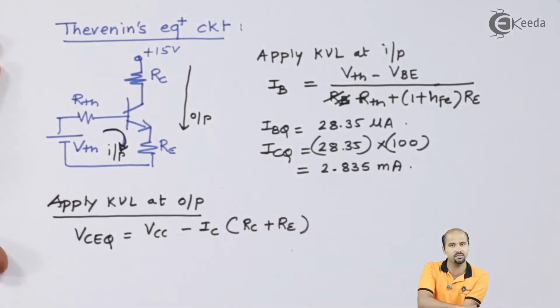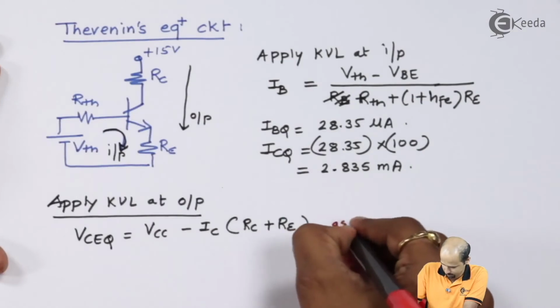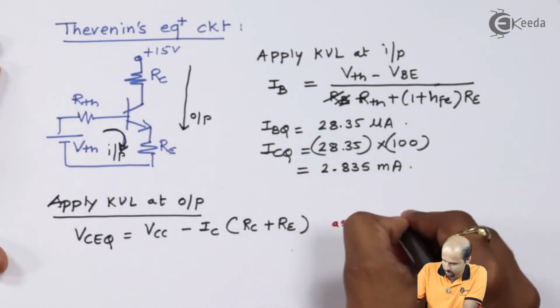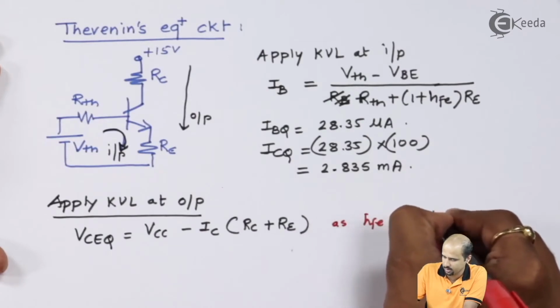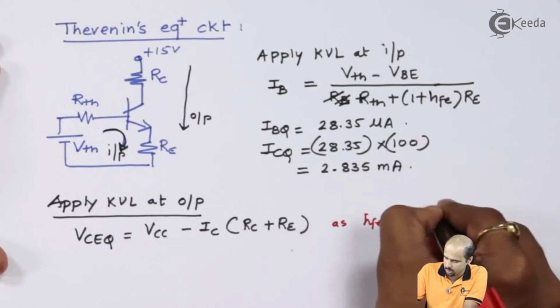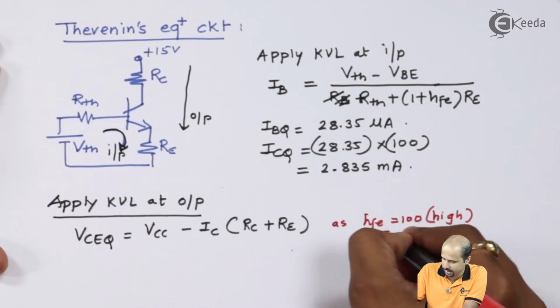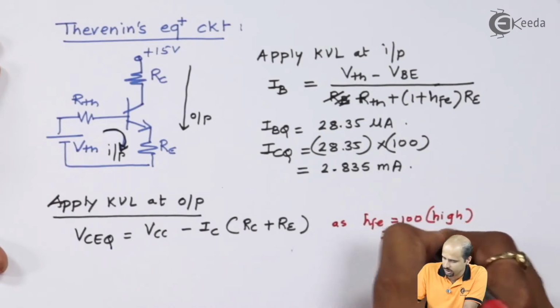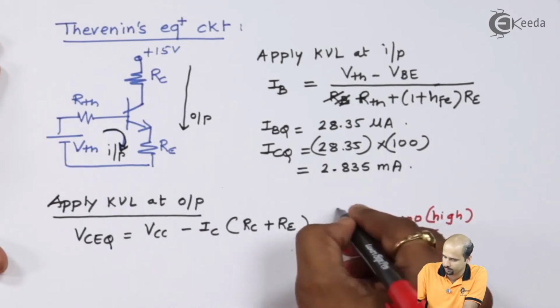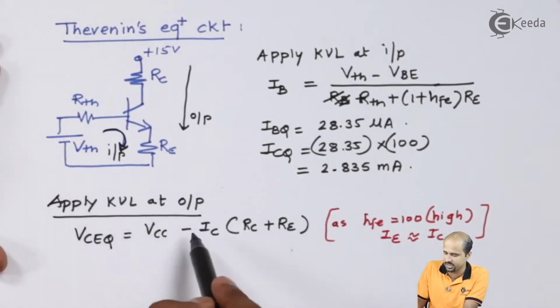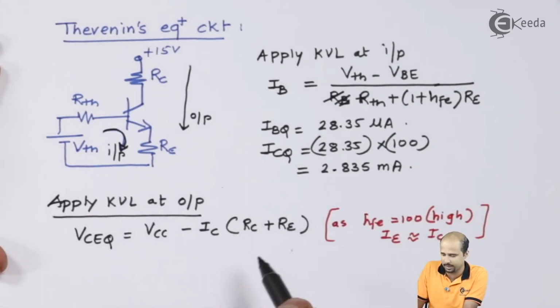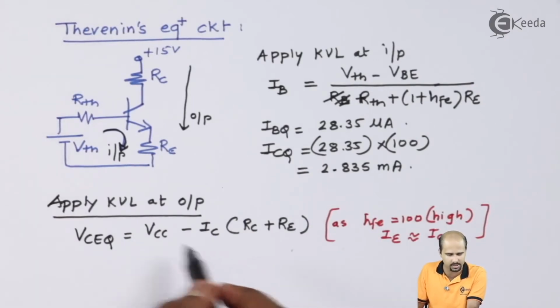Here I am considering the fact that HFE is equal to 100, which is high, so IE is nearly equal to IC only, right? That's why we have this particular formula, VCC minus IC into (RC plus RE). Okay, what's the value of RC we have got?